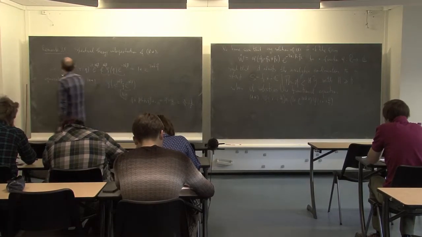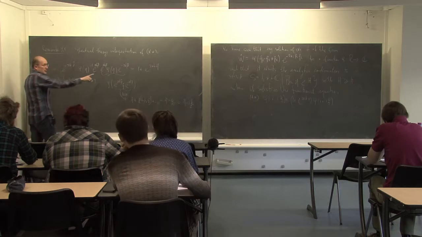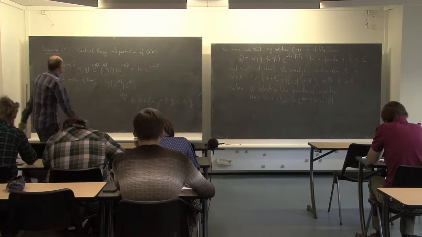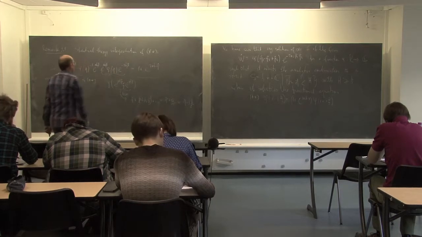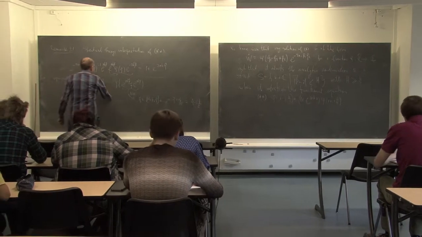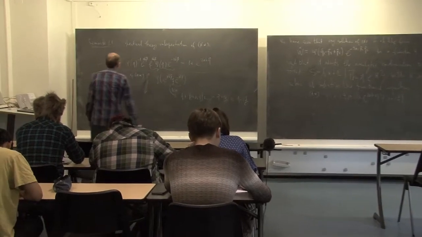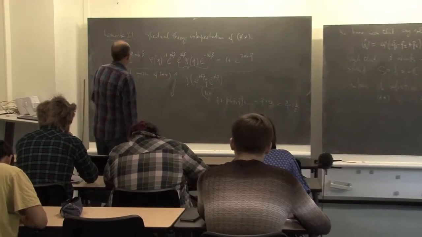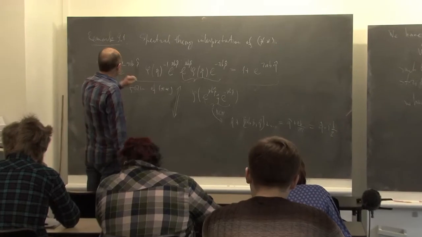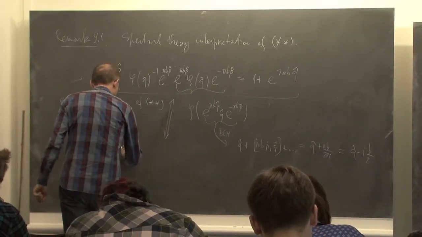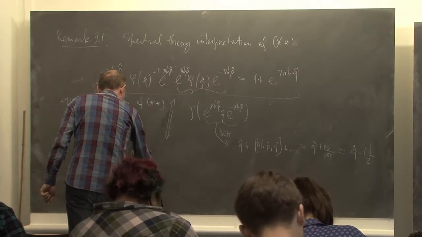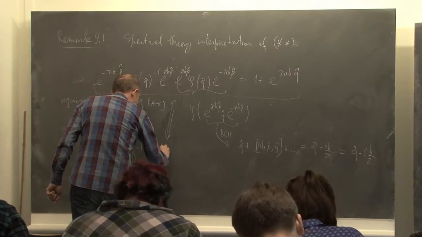But now let us not do it this way, but just return to the original form of that equation by putting these guys back to the right-hand side. So this is equal to phi of q minus 1, e 2 pi b p.